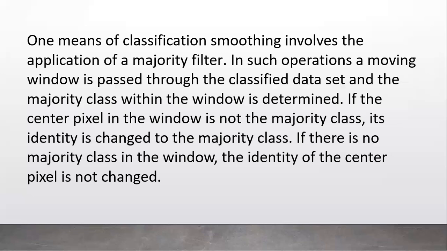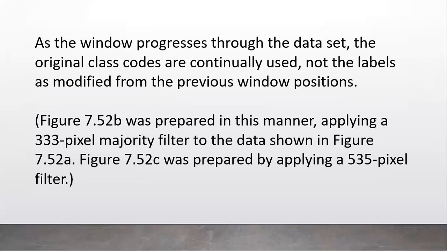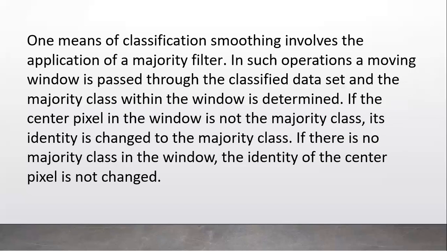If there is no majority class in the window, the identity of the center pixel is not changed. As the window progresses through the dataset, the original class codes are continuously used, not the labels as modified from the previous window's position. I'll show you that figure.